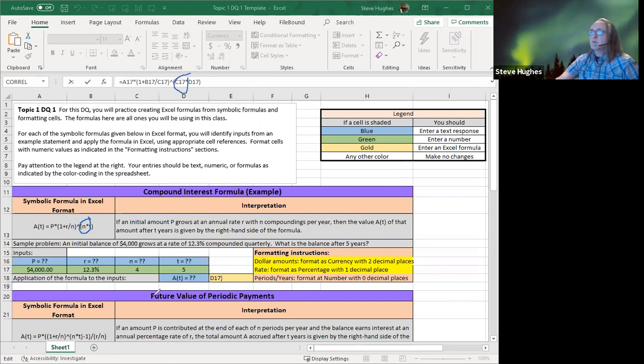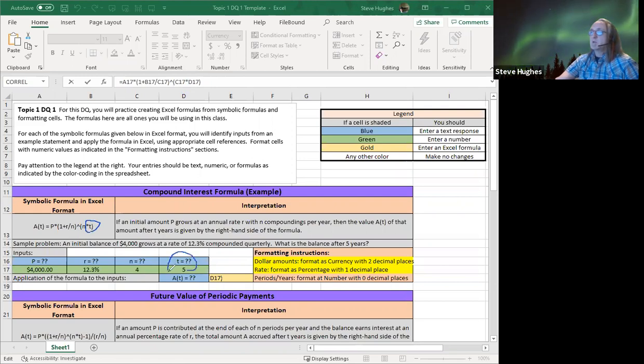Why? Because right here is C17, where the value of N is. Good. Let's clear this out. Keep going. Next, the last one to type in here, the last cell is the value of T. Where is T?